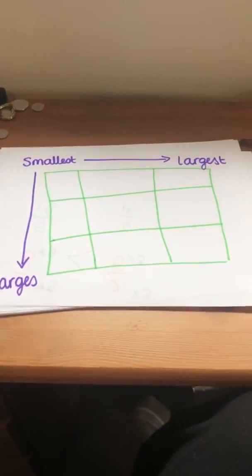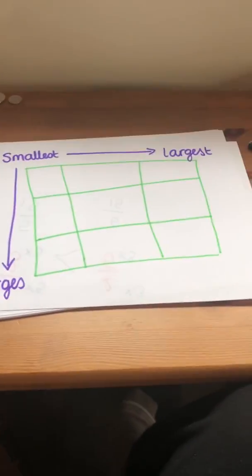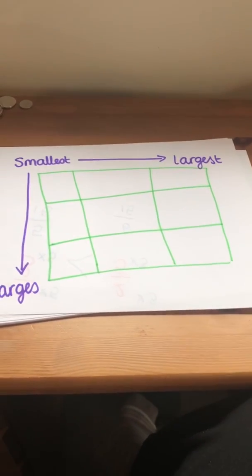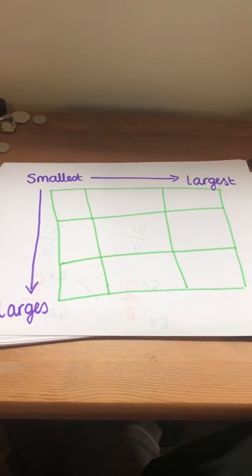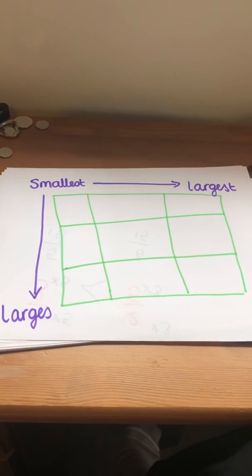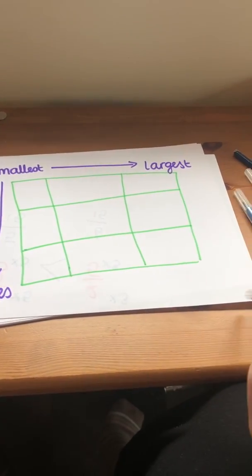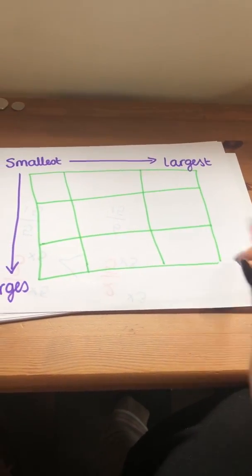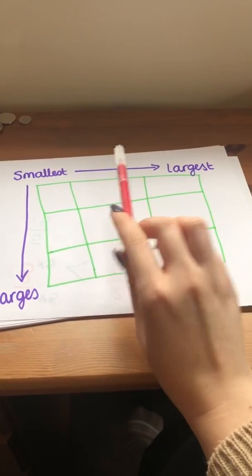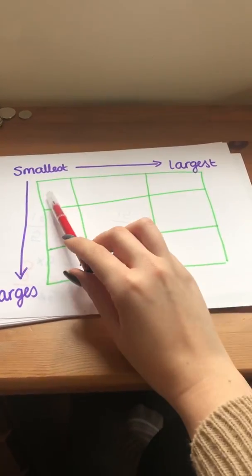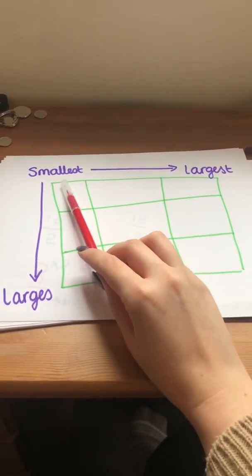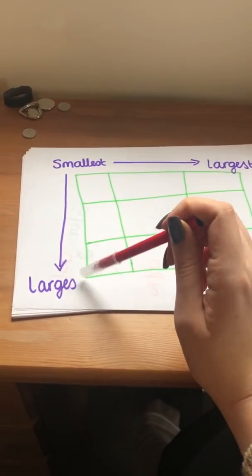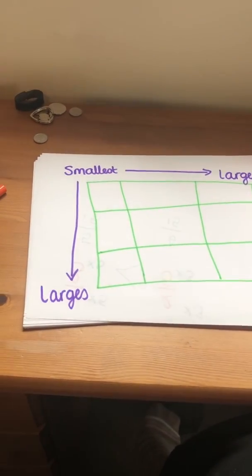I have had to draw mine out even, without a ruler. So you're going to have to excuse my messy lines. And what you have at the side is some fractions which you need to place into this grid. Now every row and column needs to go from smallest to largest.